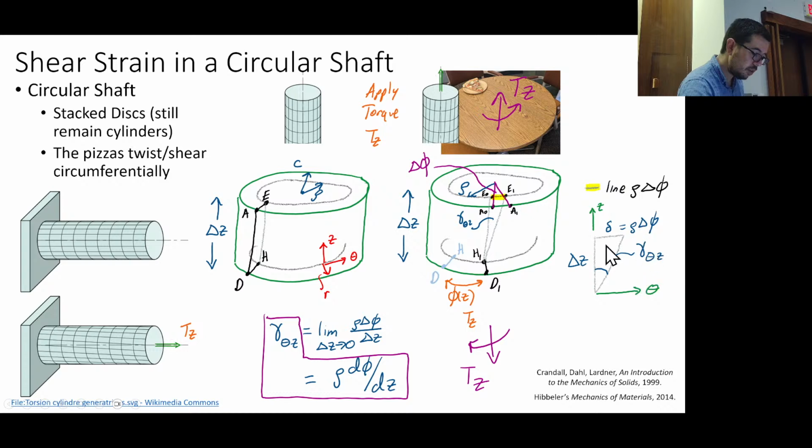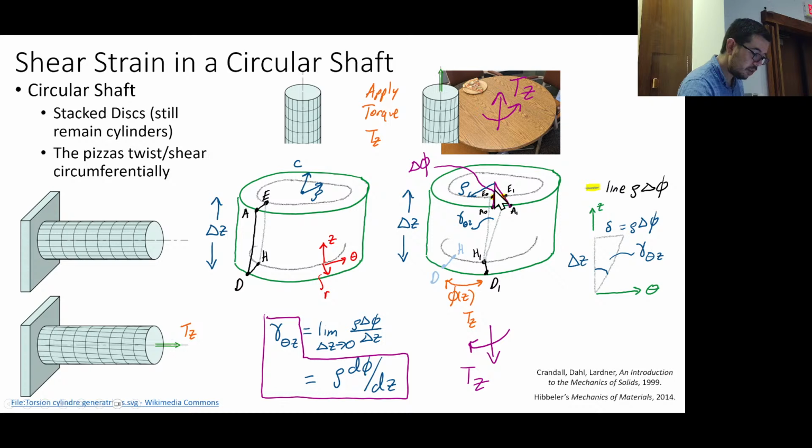Now, what is this angle of rotation? The angle of rotation here is what we call delta phi. That's this right here.